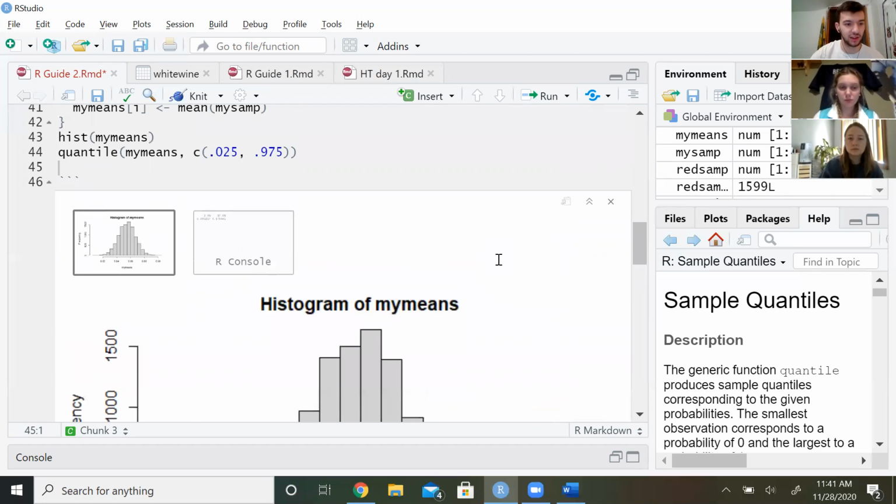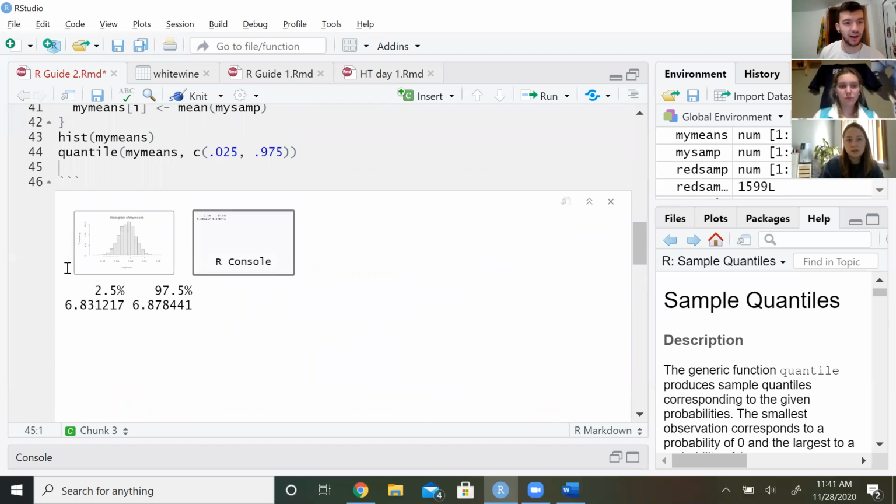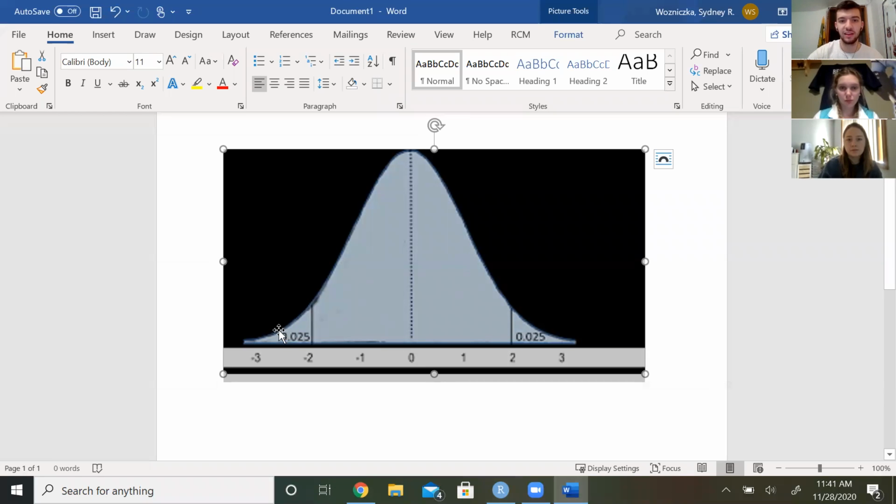We will also be looking at the quantile of my means. What the quantile is pretty much, and we have a good graph here to show it, is it'll take our two bounds, which we put in, which were 0.025 and 0.975. So 2.5% and 97.5%, as these are the two lines on the side. It's measuring from here to here, and then from here to here.